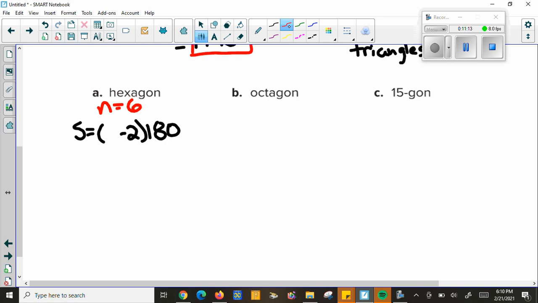I'm going to substitute in a 6 and begin to solve. Parentheses come first. So this is 4 times 180, giving me 720 degrees.